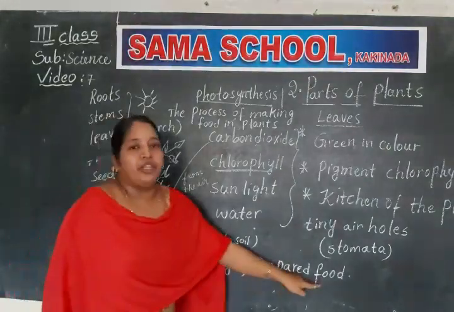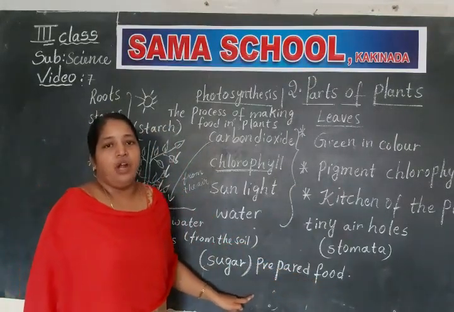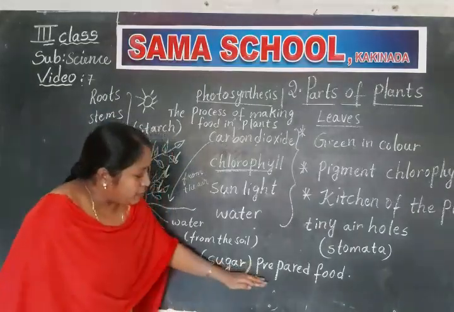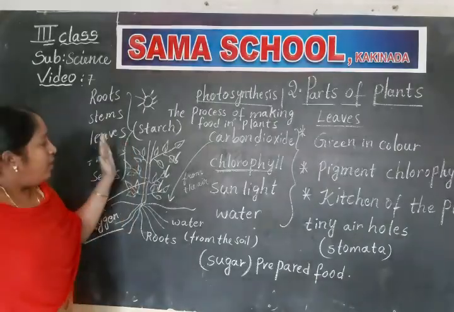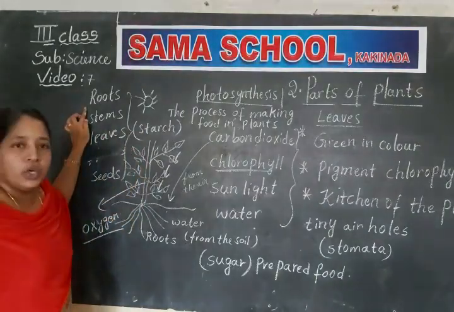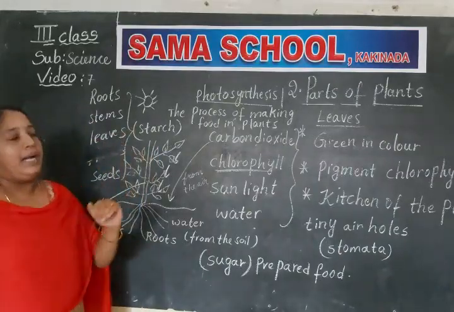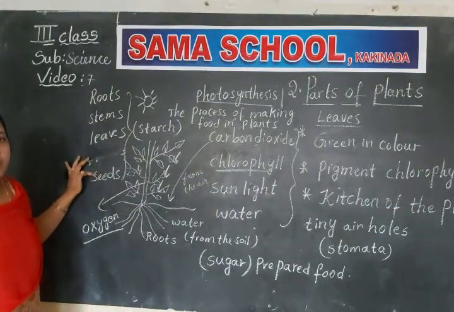The prepared food is called sugar. The plant takes some food for its growth, and the remaining food is stored in other parts of the plant like roots, stems, leaves, seeds. Clear, children?